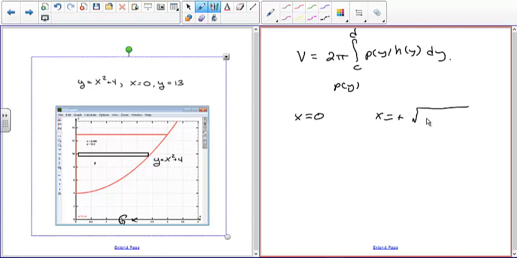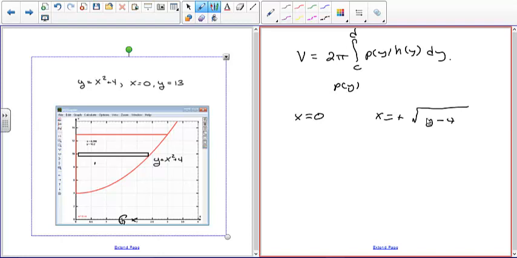So it's plus the square root, because the x value is positive, it has to be the positive square root. The negative square root would be on the negative side. It's kind of hard because we're used to looking at everything the other way around.